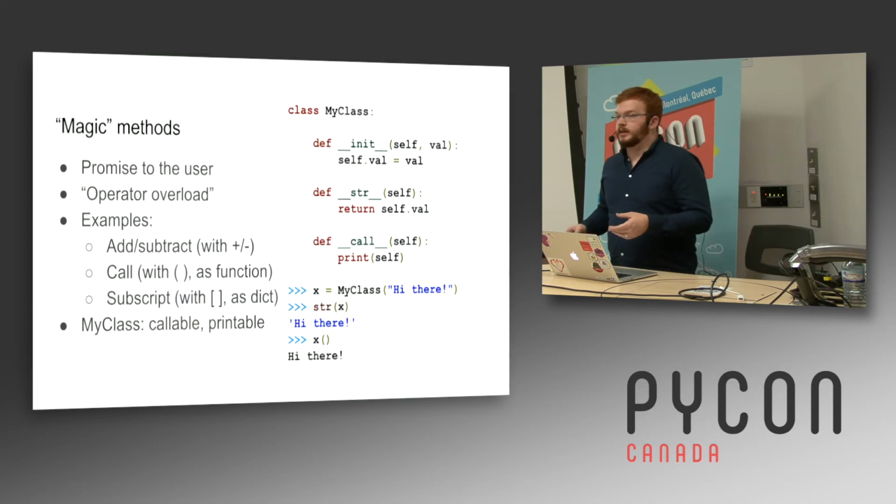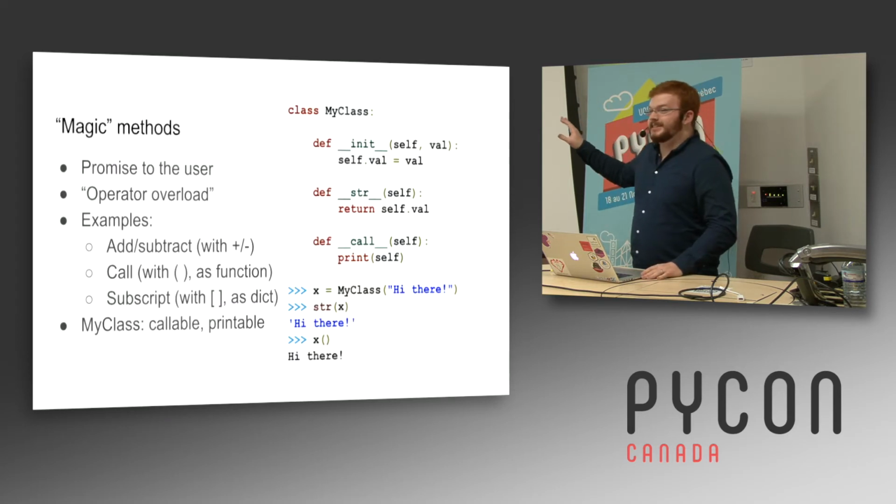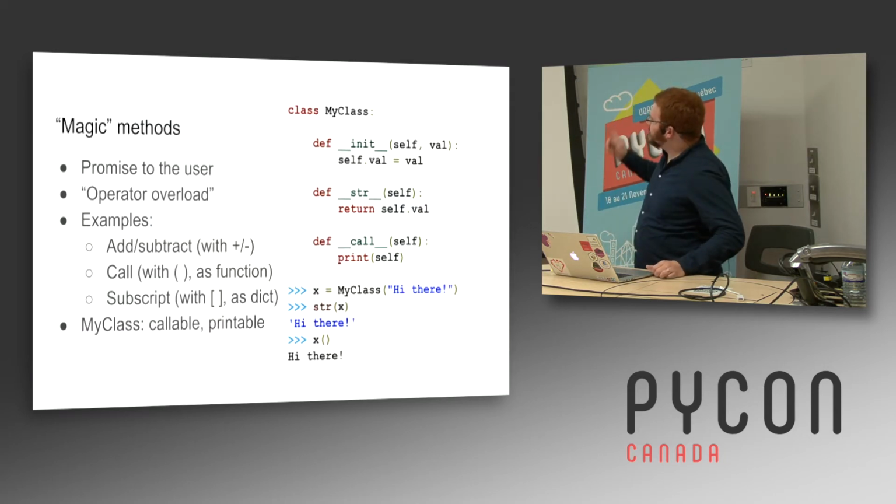For example, operator overload, like being able to add or subtract classes or multiply or divide them, bit shift them, perform Boolean logical operations, call them like functions, get items out of them like a dictionary or a list. There are a lot of these, and they're covered very well in online Python documentation, but we're just going to be using a few of them here.